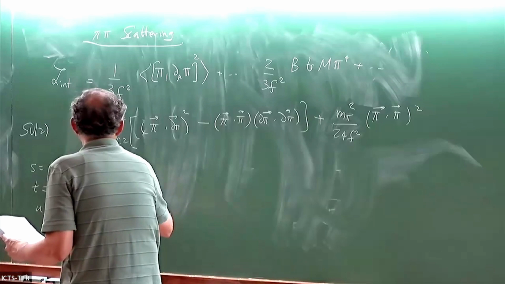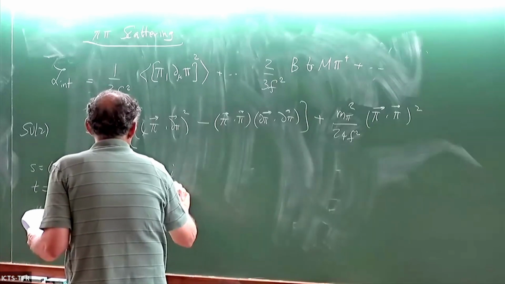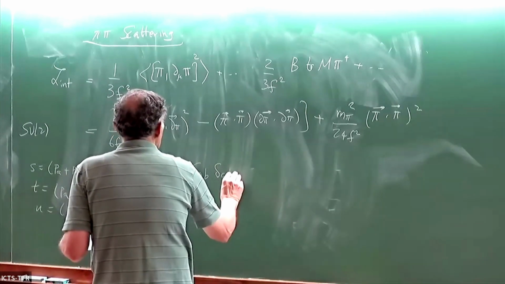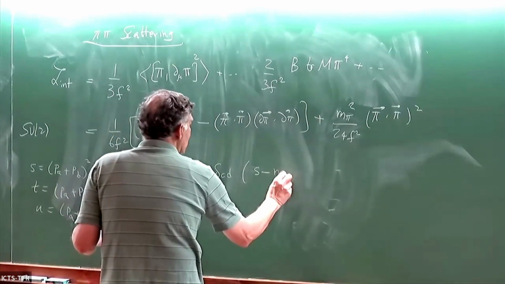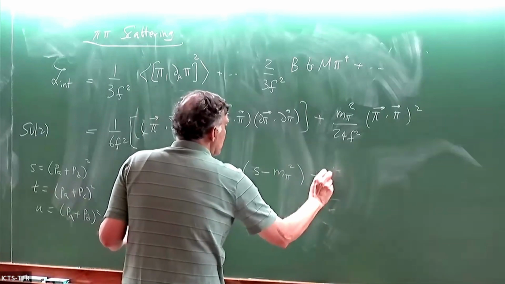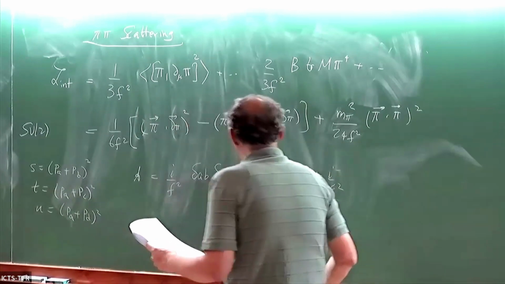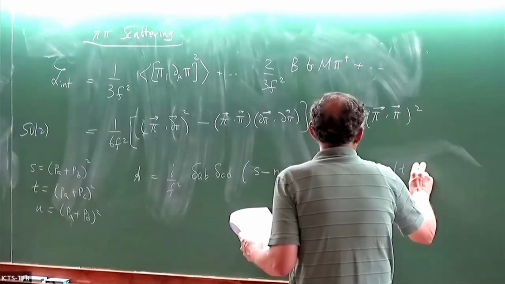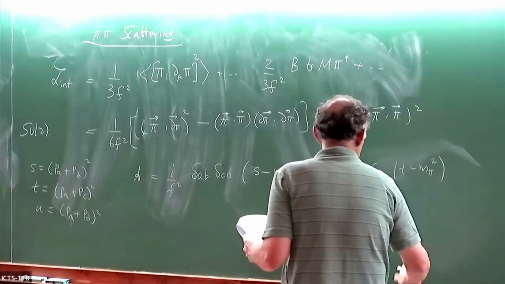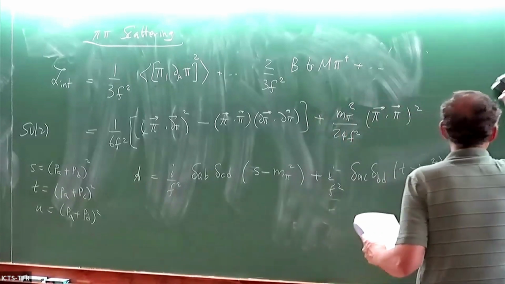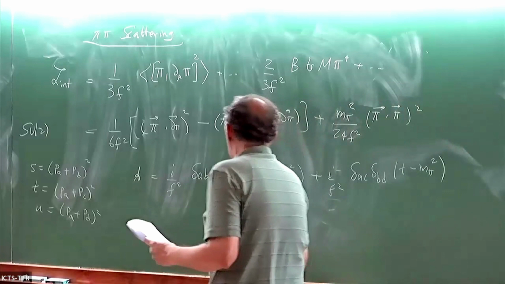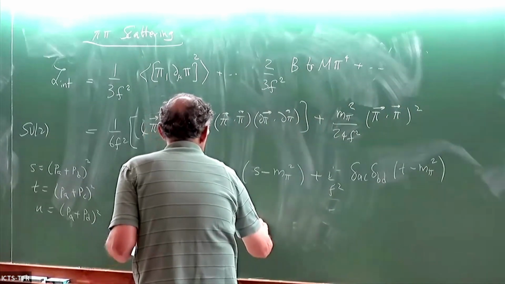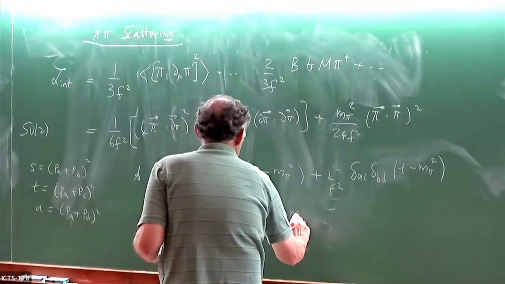And the amplitude you get is i over f squared delta AB delta CD (s minus m pi squared) plus i over f squared, and then it's completely crossing symmetric, delta AC delta BD (t minus m pi squared). So let's put it down here, plus i over f squared delta AD delta BC (u minus m pi squared).